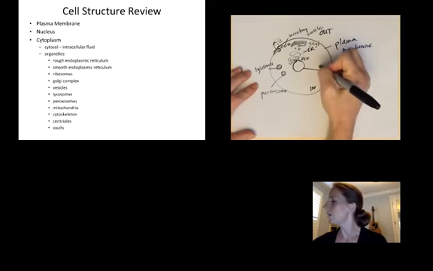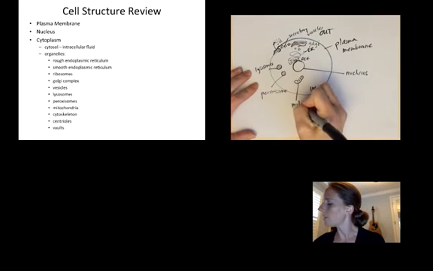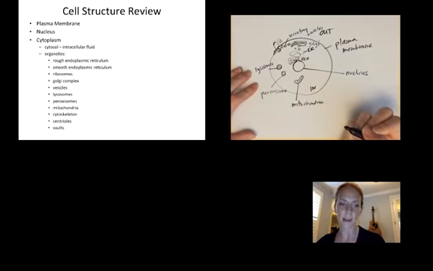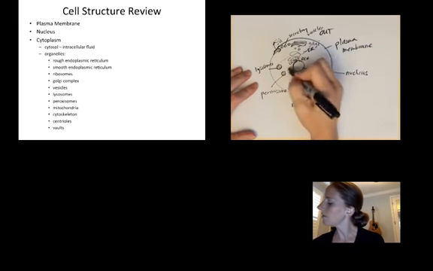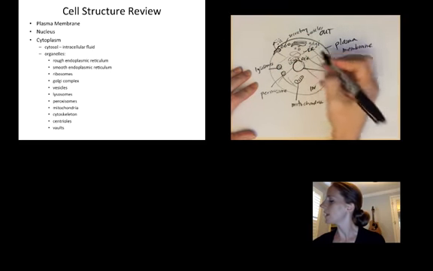In addition, we also have organelles in the cell that help the cell make energy, and those are the mitochondria. They make ATP for the cell. And we have, throughout the cell, structural proteins that will help the cell maintain its shape.